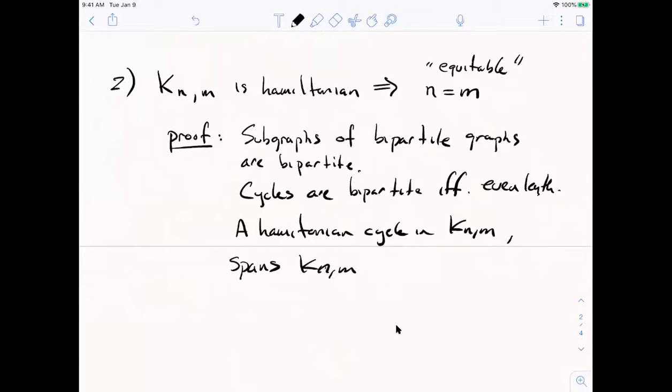So it must be the case that n and m have the same number of vertices, because it has to have even length. The length of this spanning cycle in K_{n,m} is the number of vertices, that's n plus m. But if n plus m is even, then n and m have to be equal to each other.